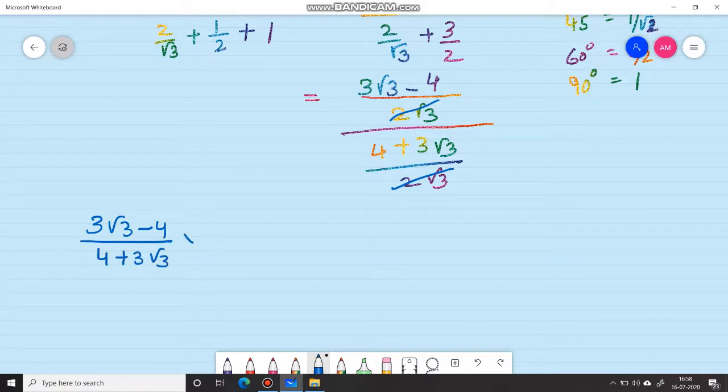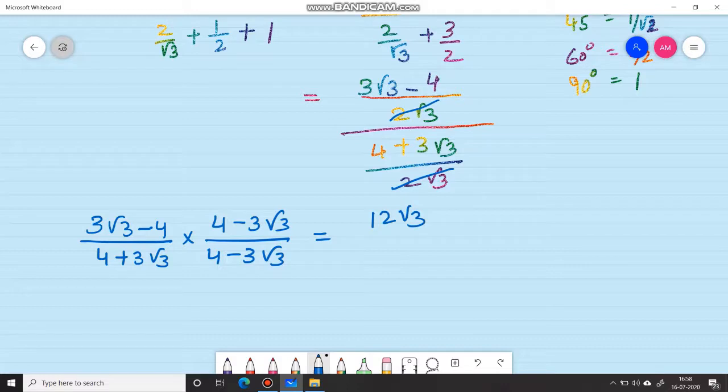Okay. Now let us multiply the numerator and denominator by 4 minus 3 root 3. Okay, 4 minus 3 root 3 by 4 minus 3 root 3. This will be easier because it will rationalize and you will be getting the right answer. Now look here. See here, 4 into 3 root 3. This will give you 12 root 3. Then again minus 4 4s are 16.